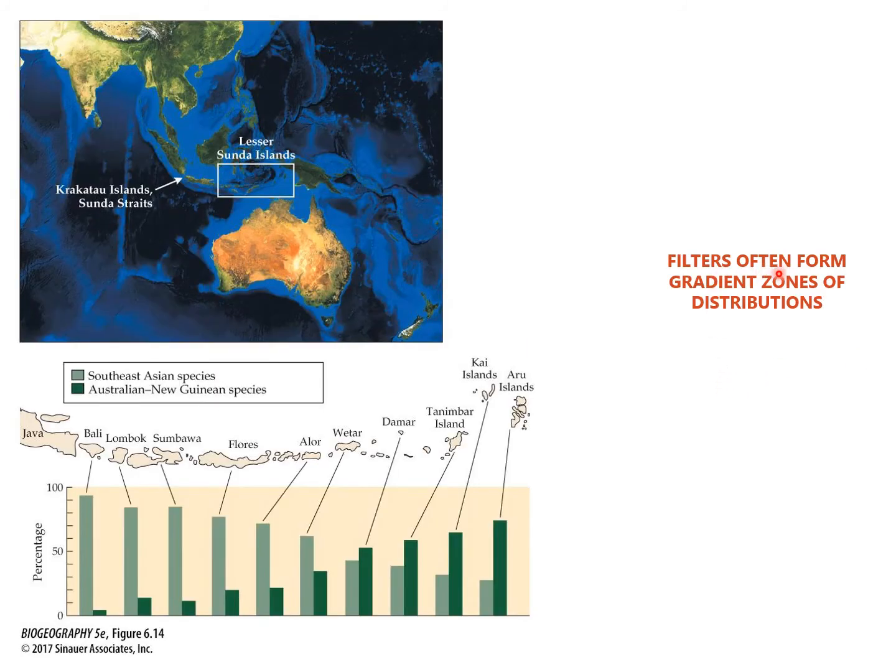And so for filters, just to show an example of this, you usually get these sort of gradients. Here we're looking at the Krakatau Islands and some more in the Pacific, the Indonesian area, or the Australian and South Asian island chain here. You get this gradient where the closer you are to Southeast Asia, the more Southeast Asian species you get.